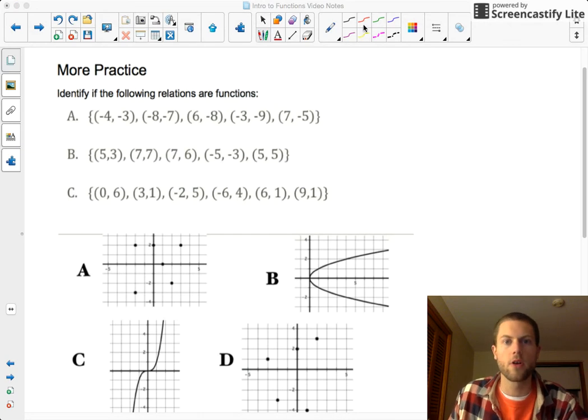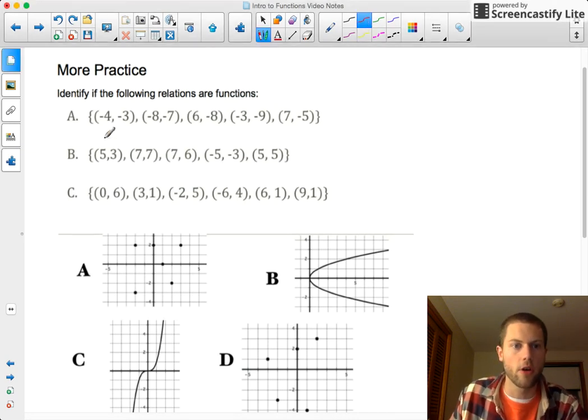All right, so let's go through letter A first. We're going to look at all of our inputs, and we're going to see how many different inputs we have. So we've got a -4, a -8, a 6, a -3, and a 7. So I've got 1, 2, 3, 4, 5 different inputs.